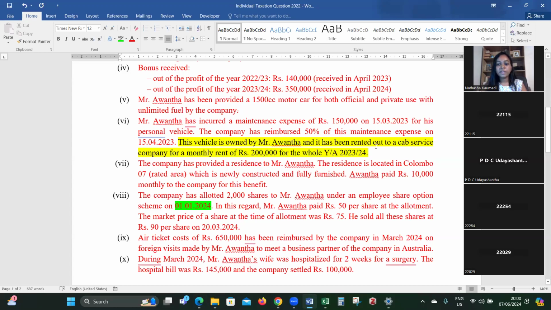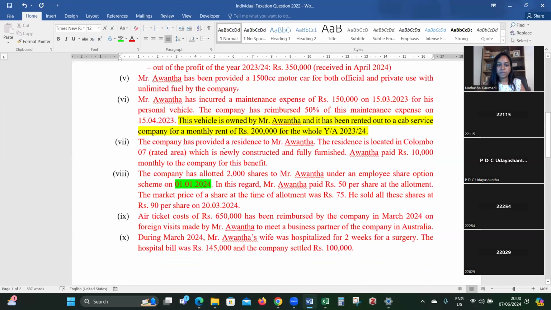His vehicle has been given to this cab service company on rent. And monthly he is receiving 200,000 from the cab service company. That is kind of a vehicle rent income. So I told you, in practice, we are considering those kind of rental income in investment income, right? So we'll put that first.